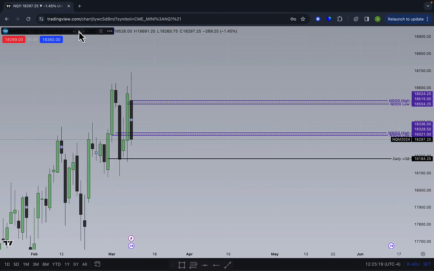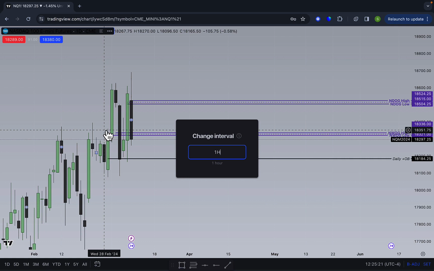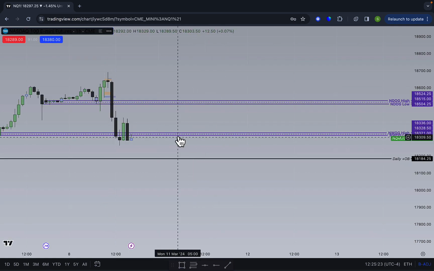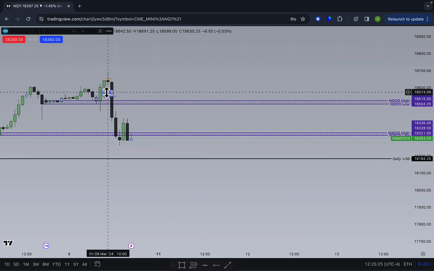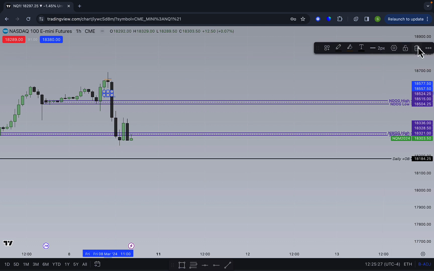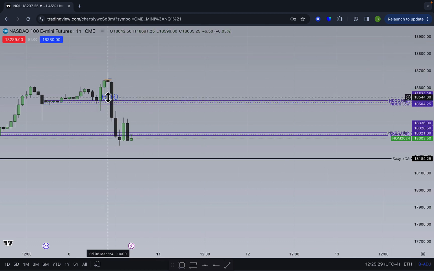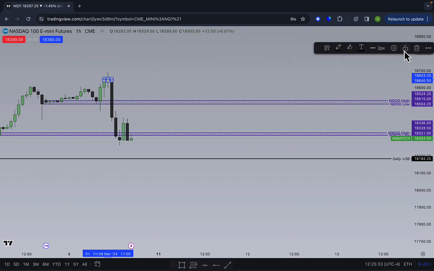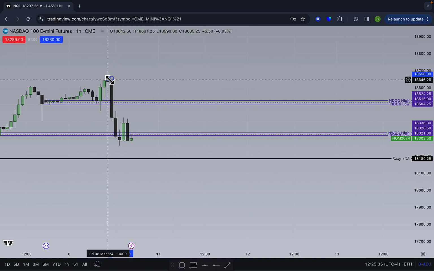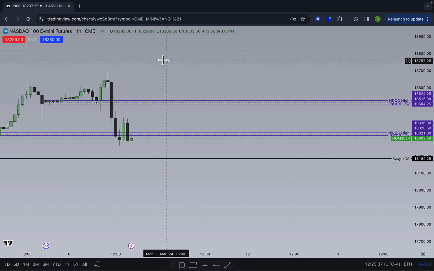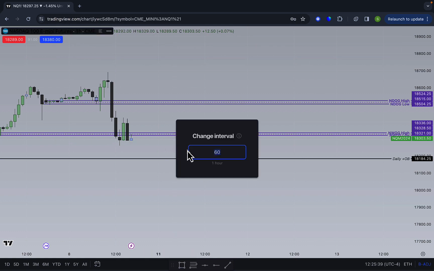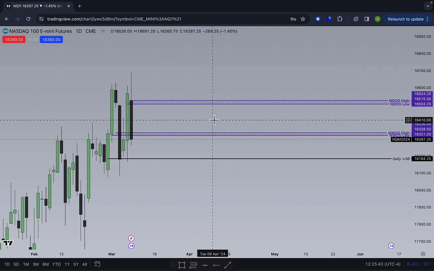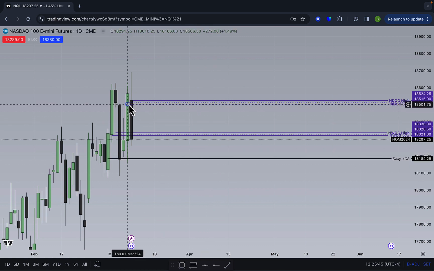Let's drop down to the 1 hour. We'll break this down, and I want to get rid of some of these things that'll help us further down the line. Actually, one other thing I wanted to notate on the daily is this volume imbalance right in there.